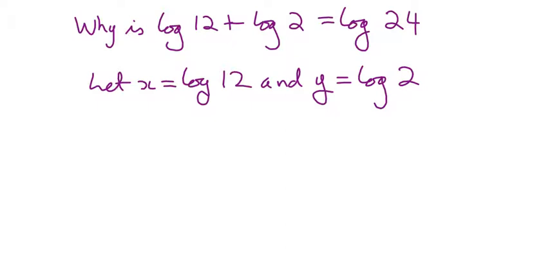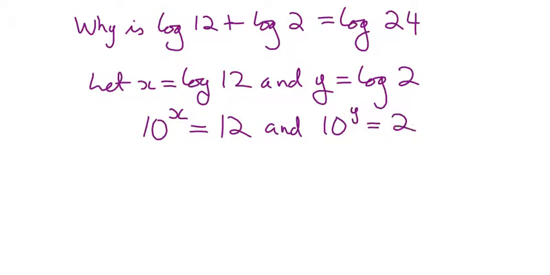So we take the base, which is 10, raise it to the exponent, which is x. Remember, a log is an exponent, so x is the exponent. So 10 to the x is equal to 12. And 10 to the y is equal to 2, right? Again, base 10 to the exponent y is equal to the argument or the value, 2.